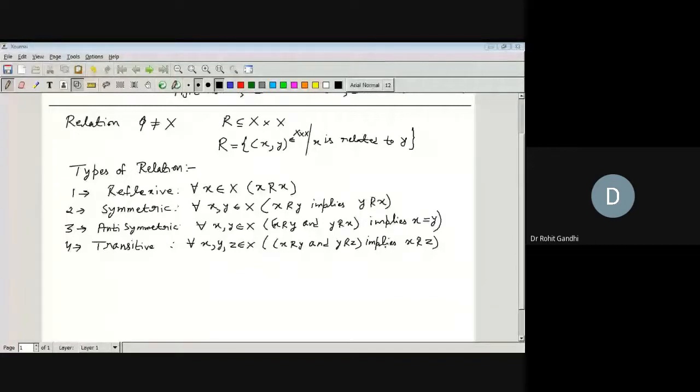Now today we will search those relations which satisfy properties number 1, 2 and 4. But before going on to that, I want to know how many students have these things clear. Raise your hand.